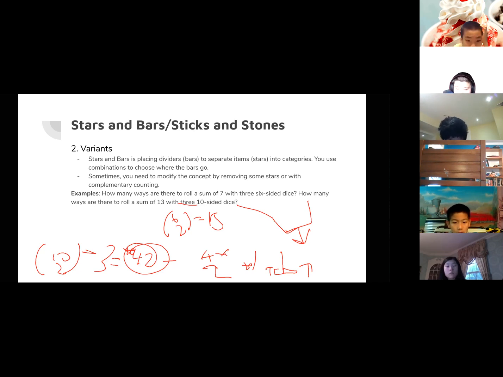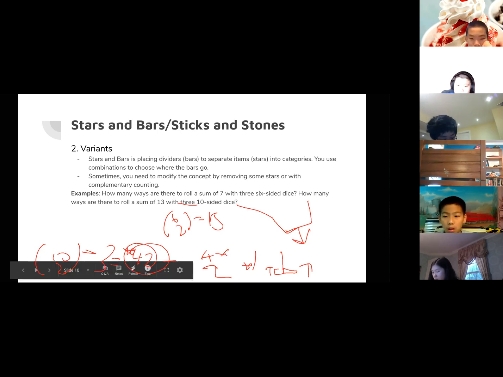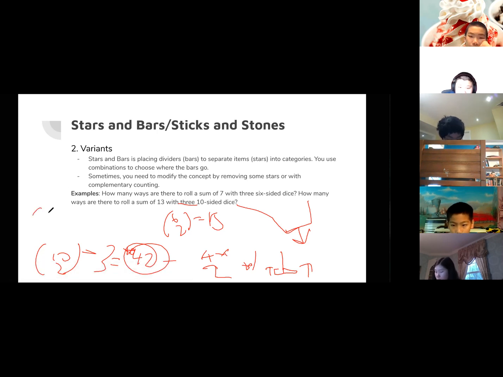Can I explain the last question? Yes. Like before, you cannot have a 0. So if we start off by putting 1 in each, then we have 10 numbers left to distribute among these three ten-sided dice. That would just be 10 choose 2, because you have 10 stars and 2 bars, and you want to subtract 3.